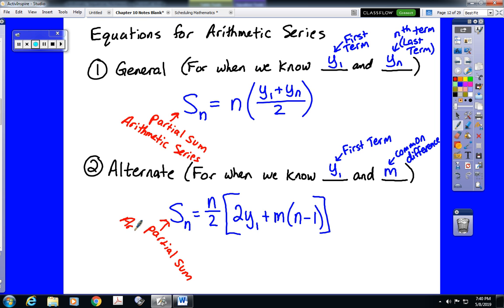In this case, it is the arithmetic series. N, and it's the same N for the subscripts. Okay, this N here is the term number, or number of terms being added. It's also that N right there. They're all the same.